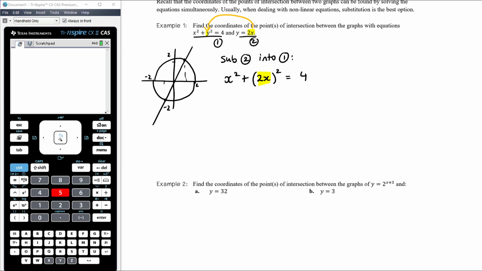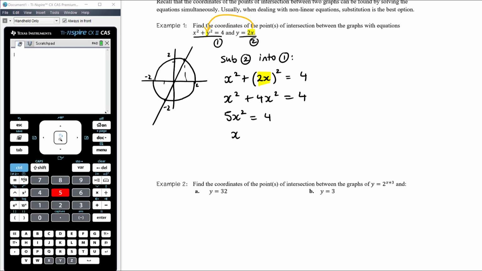And now we want to focus on solving this equation. So the brackets around the 2x really matter, because remember, 2x squared is not the same as (2x) squared. So it is (2x) all squared that we mean here, and (2x) squared is 4x squared. So x squared plus 4x squared equals 4, well, that's 5x squared equals 4.